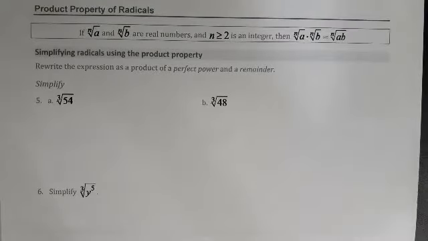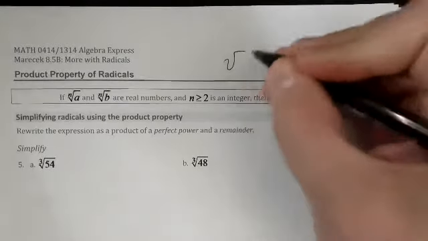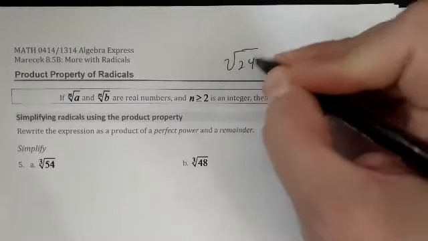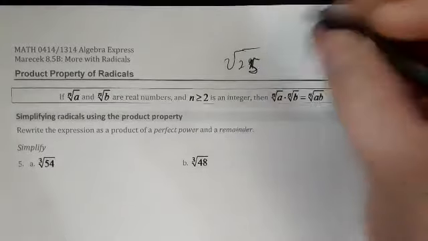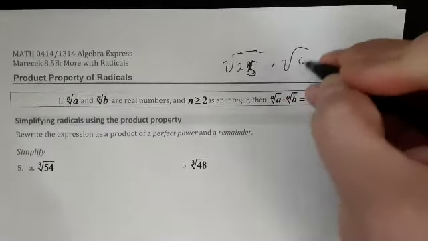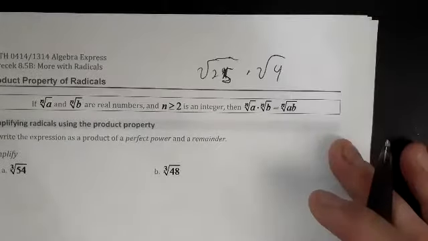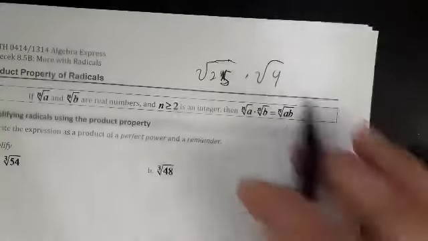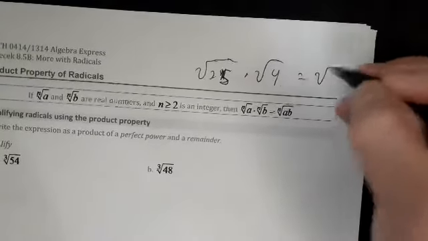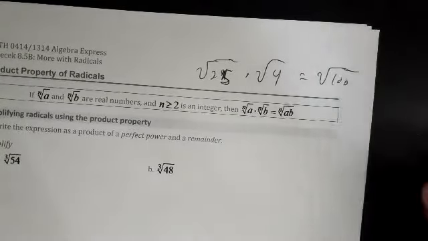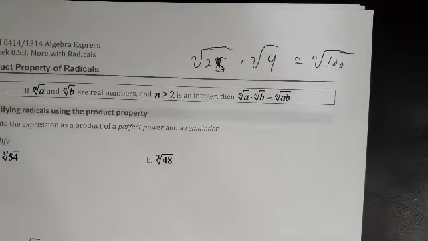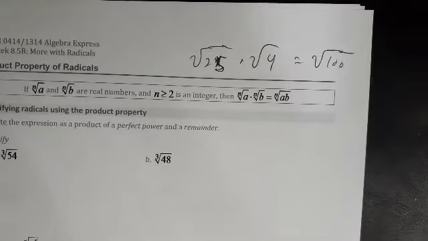So this is the same sort of thing we had with the square root. If we have, like, 25 and 4, like root 25, root 4, you might notice it's 5 times 2. Is the same thing as root 25 times 4, which is 100.